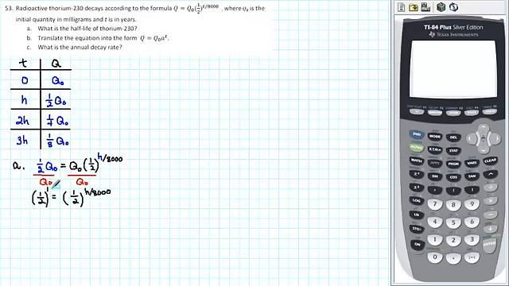We just simply set the two exponents equal to each other. Finally, we need to undo dividing by 8,000, so we multiply both sides by 8,000, and we find that H is equal to 8,000. So the half-life of thorium-230 is 8,000 years.